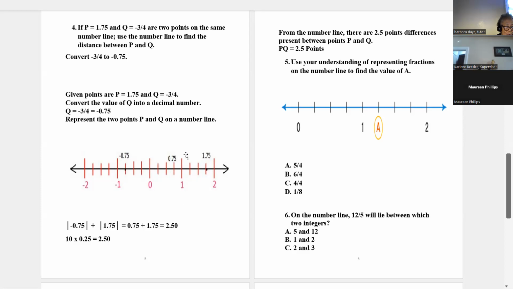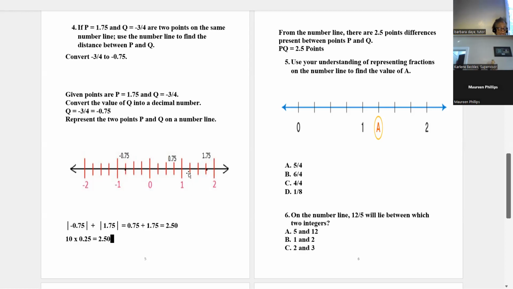So what is this, Maureen? See where my cursor is? What's the value here? Remember I said each notch here represents 0.25.